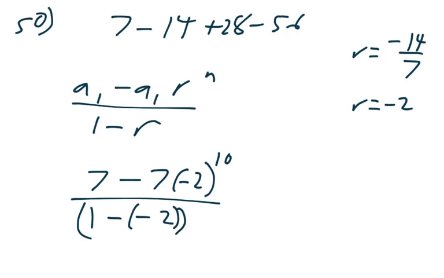Well, make sure that you put the numerator in parentheses and you put the denominator in parentheses. And you wind up with -2,387. We'll ask 5 on the next video.